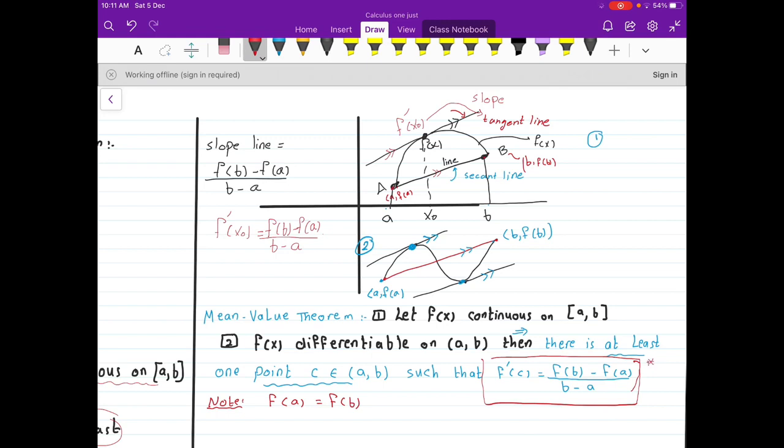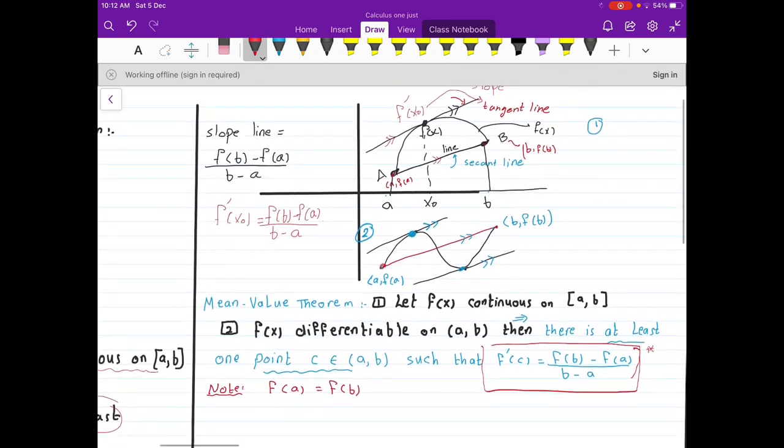What does this condition mean? It means there exists at least one point in the interval such that the slope of the tangent line at this point, f prime of c, which represents the slope of a tangent line, equals the slope of the line between the two points.